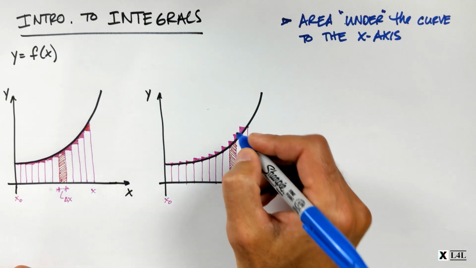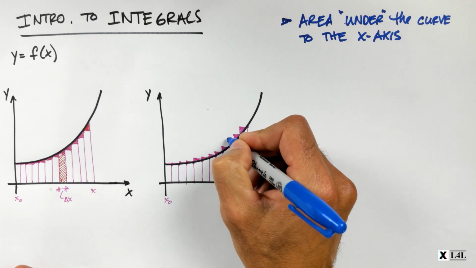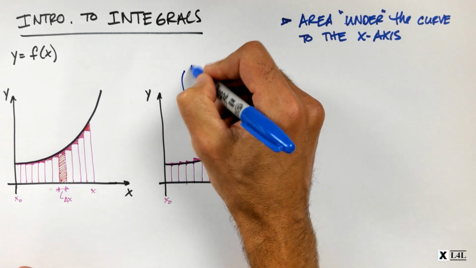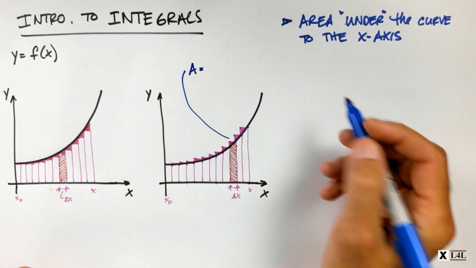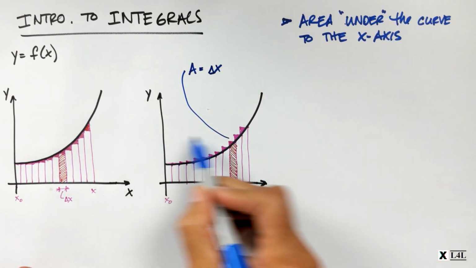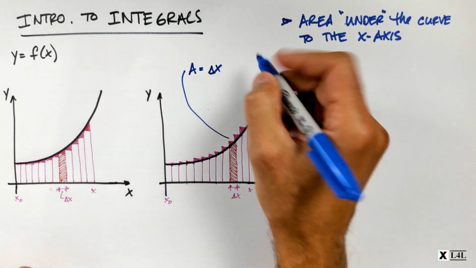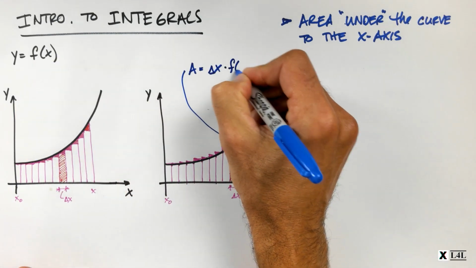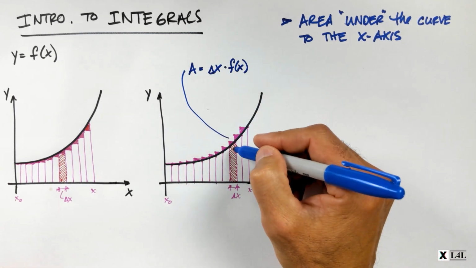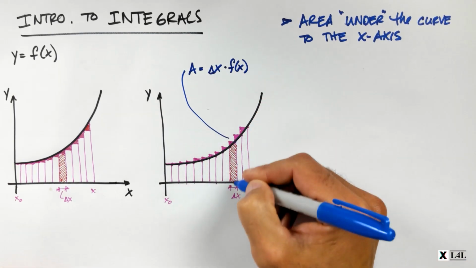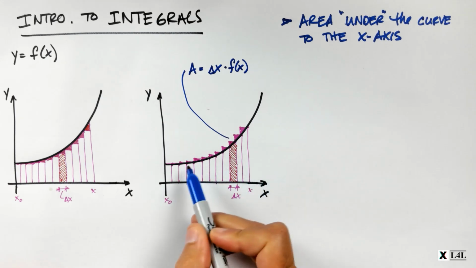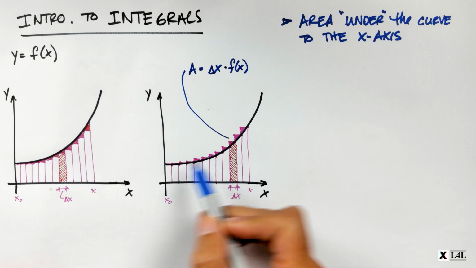So if I were trying to find the area here, this little rectangle's area would just be the base times the height. So the base is delta x, and whatever the y value is, which I'm just going to call f of x. I'm just multiplying these two, and that would give me the area of this column here. But what I need to do is somehow sum all these up.